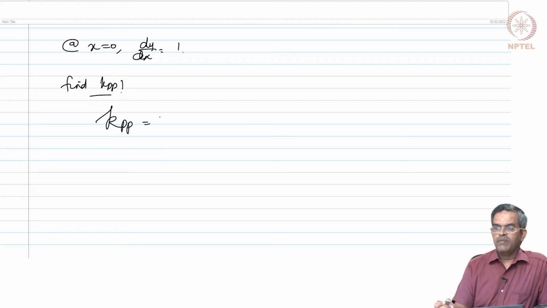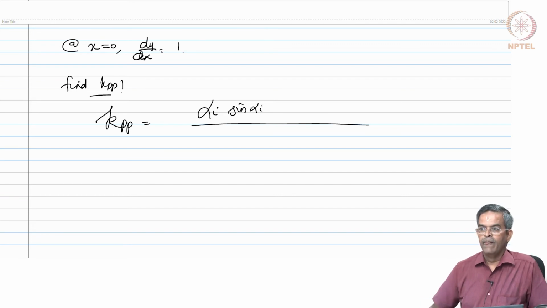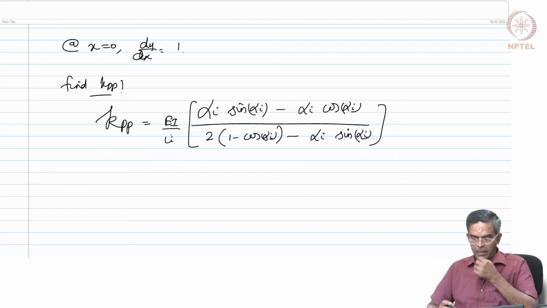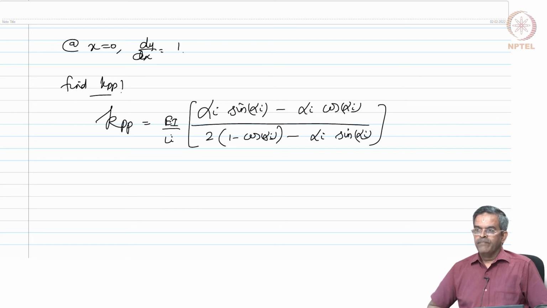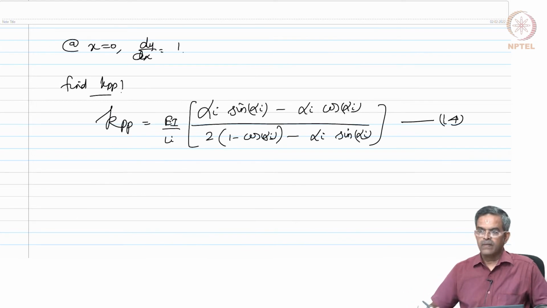So, I can write here KPP will be equal to alpha I sin alpha I minus alpha I cos alpha I divided by 2 times of 1 minus cos alpha I minus alpha I sin alpha I, the whole EI by L. Call this equation number 14. Okay.